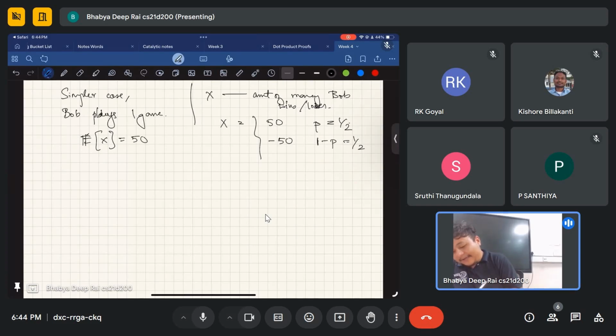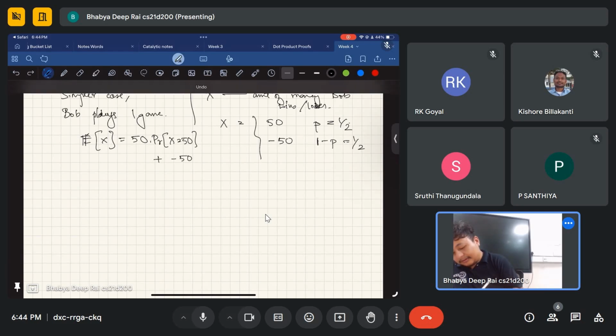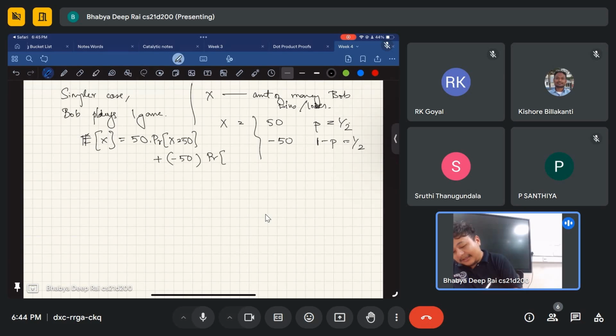It is 50 times the probability that X equals 50 plus minus 50 times the probability that X equals minus 50. So X equals 50 with probability half plus minus 50 times half, which is equal to 0.